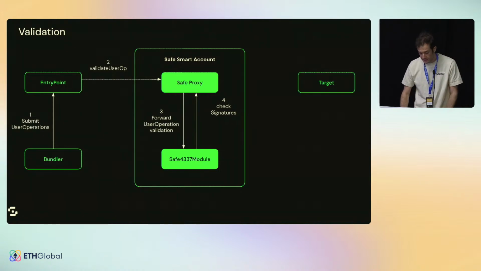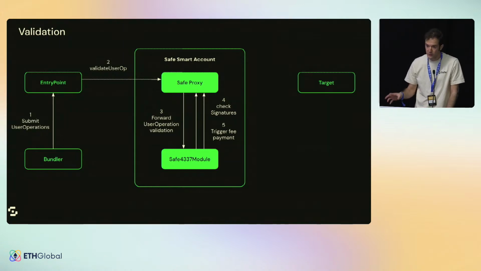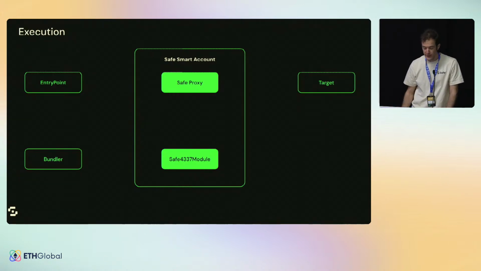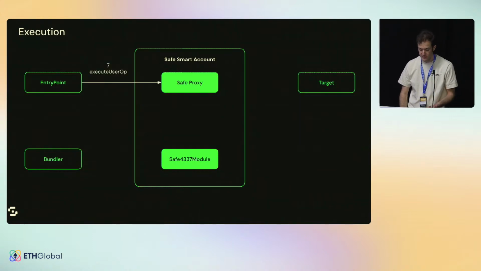And secondly, if needed, it will trigger a payment because it is also a module and it has the ability, or the grant, to execute Safe transactions to perform the fee payment to the entry point. After successful validation, the entry point will now call the account to execute the user operation, so calling the execute user op.